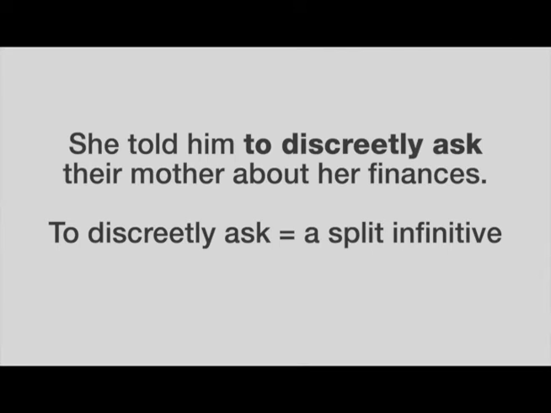If you split the infinitive, you would say, she told him to discreetly ask their mother about her finances. Well, when you look at the two sentences side by side, you realize the second one is actually clearer. I know precisely that you're asking me to be discreet when I go talk to mom. Right. Whereas in the first one, it could be that, or it could be she told him in a discreet fashion. Sure. But actually, there are points at which splitting the infinitive can make for a clearer sentence.